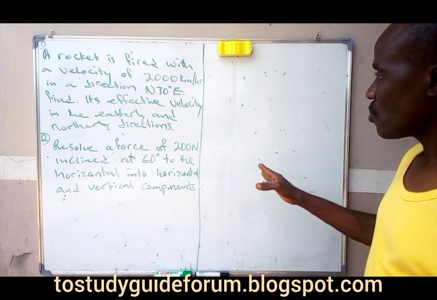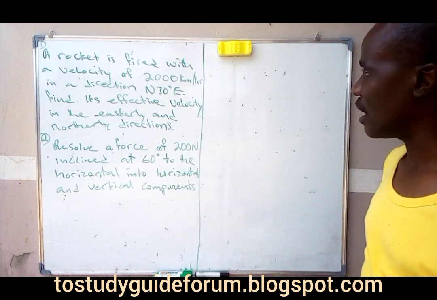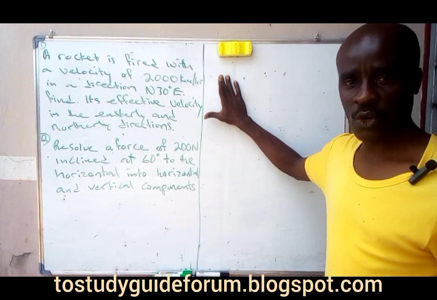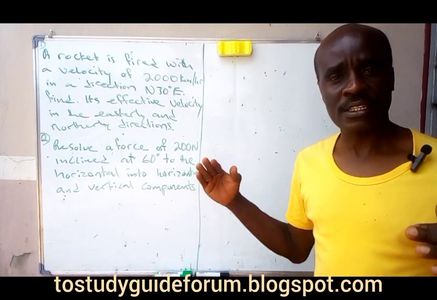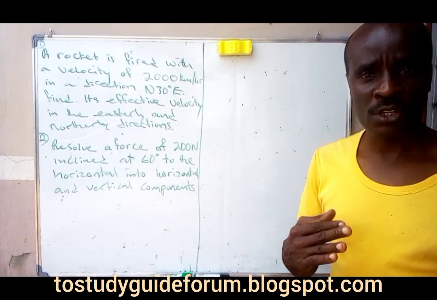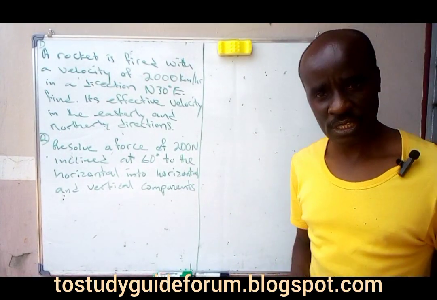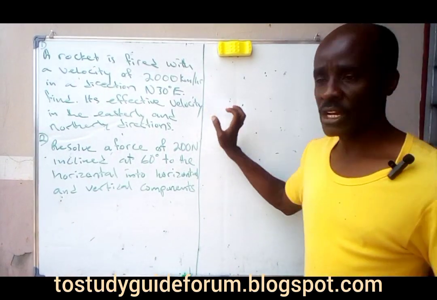Now let's go back to what we have. In this question, we'll be looking at how we're going to resolve these vectors. Like I already told you, in resolution of vectors we resolve them into the various vectors that form the resultant. That is the various components of the resultant vector.